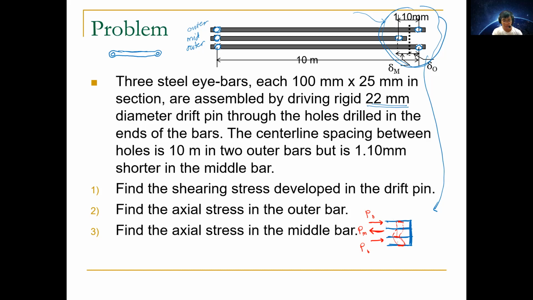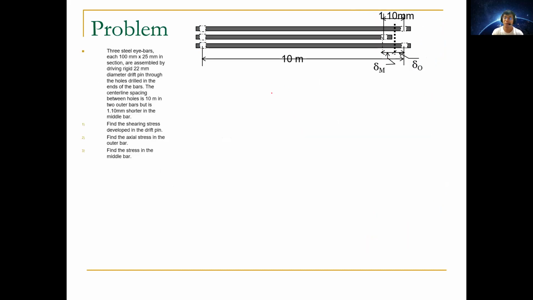Okay, so anyway, step number 1 is we try to create again our compatibility equations. So to do that, notice that we have 1.1 millimeters, di ba? So meaning from starting going towards here, that's 1.1. Okay, so let's split it into two portions.